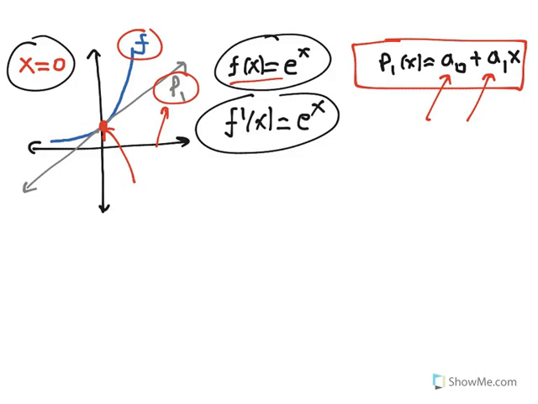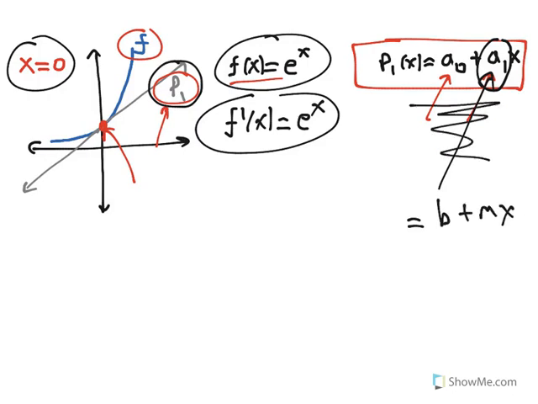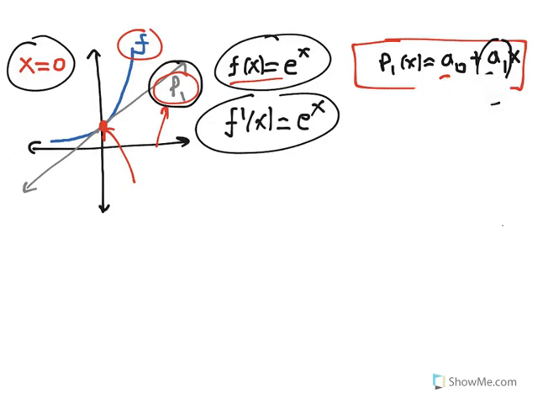So what will give us the slope of our linear function? You may remember y is equal to mx plus b. This is, of course, the slope. This linear function is in the form y is equal to mx plus b. It would be like b plus mx, the way it's written over here. But another way you can see that a sub 1 would be the slope of the gray line is by, again, taking the derivative of our polynomial function p sub 1 of x. So the derivative would be p sub 1 prime of x.